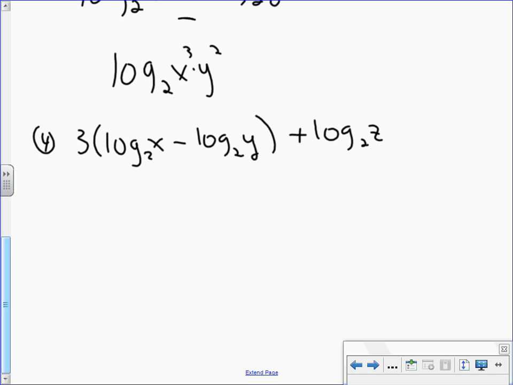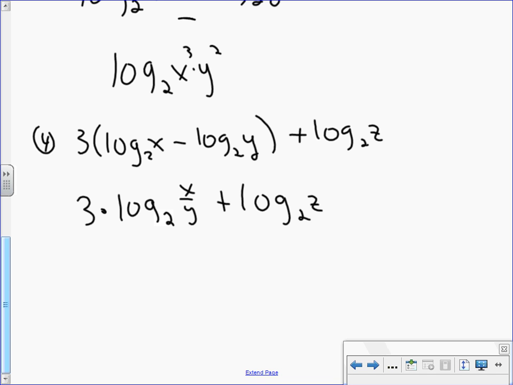So where do we start? Bring 6. Yes? Okay, you could distribute that 3 first, that would be correct also, but I'm going to start inside the parentheses. So 3 times log base 2 of x over y plus log base 2 of z. Okay? Then I'm going to deal with this 3.